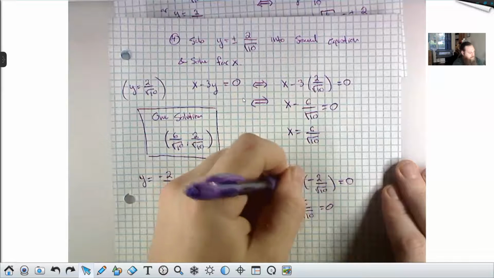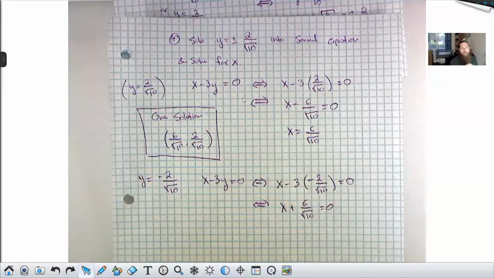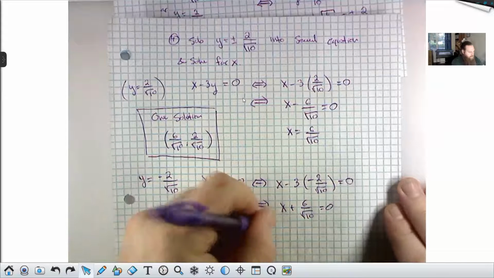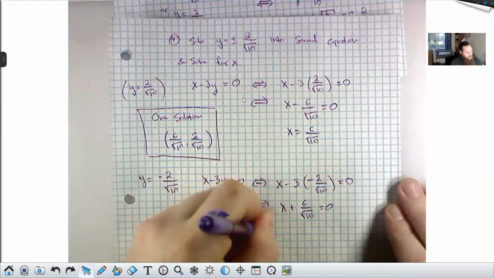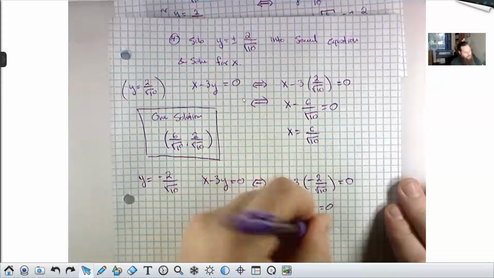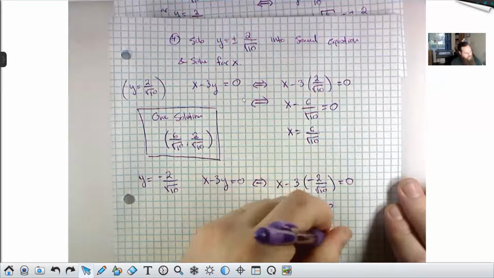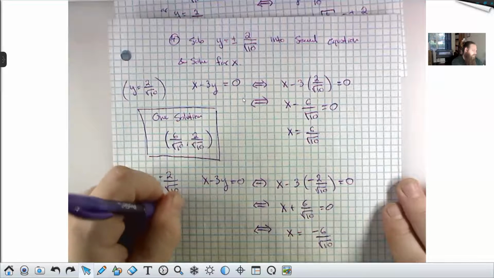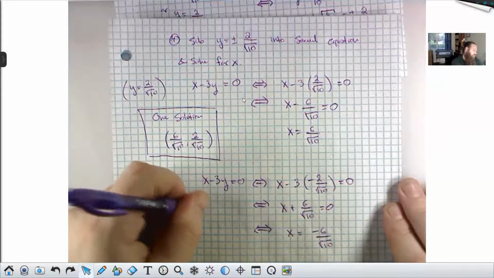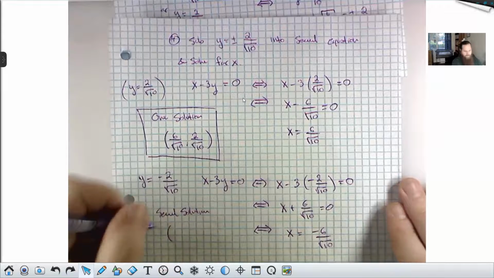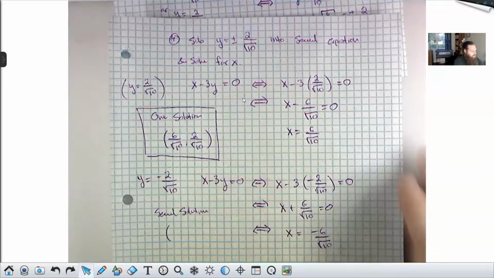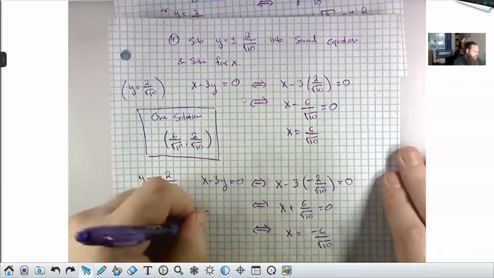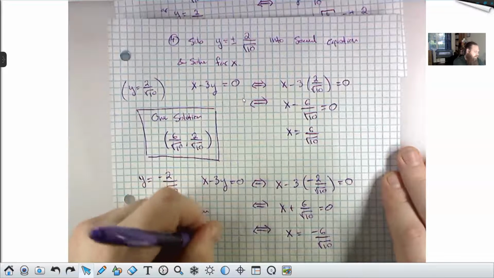Because the two negatives here, when you multiply negative 3 times negative 2, you get positive 6. And now I'll subtract this term over, and I get x equals negative 6 over the square root of 10. So the second solution is negative 2 over the square root of 10, comma, negative 6 over the square root of 10.